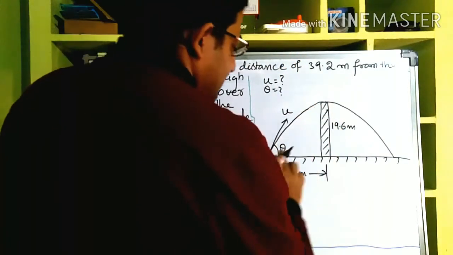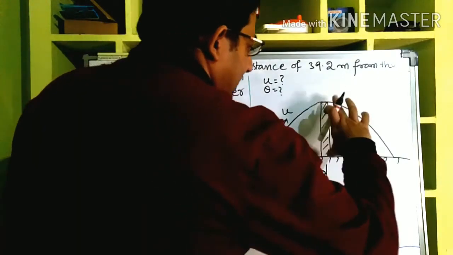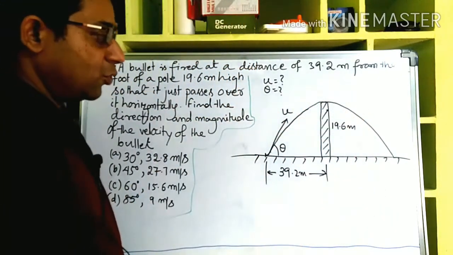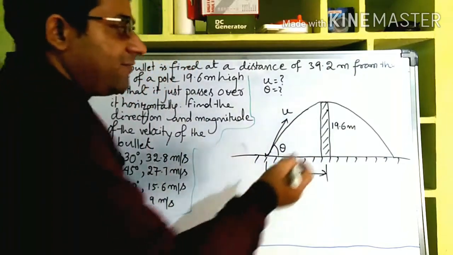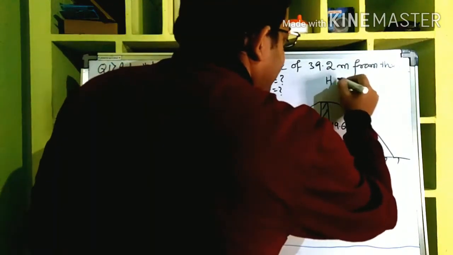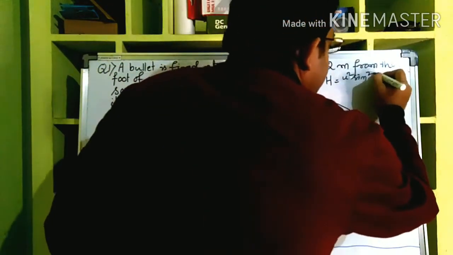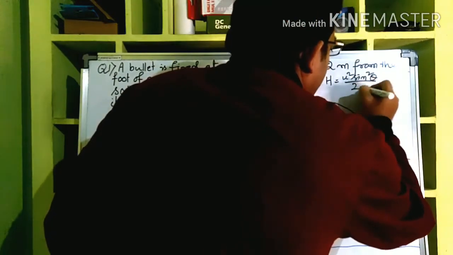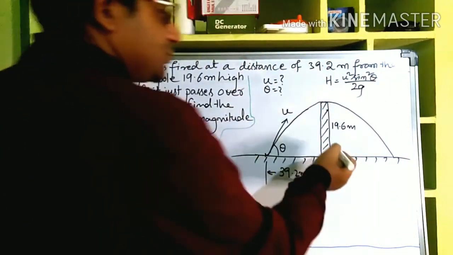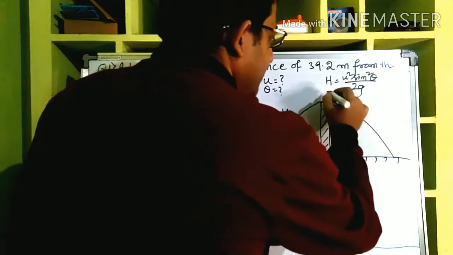Now see, the maximum height reached is nothing but the height of the pole, and just now we have derived the formula. The maximum height reached is equal to u square sine square theta by 2g, right? So maximum height reached is 19.6.